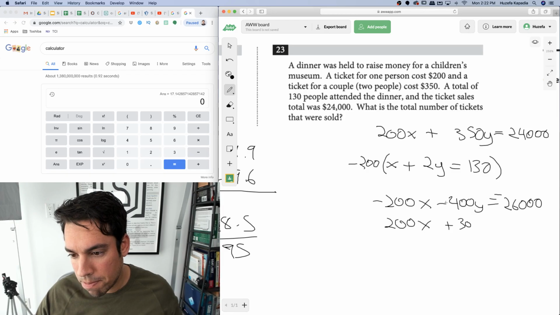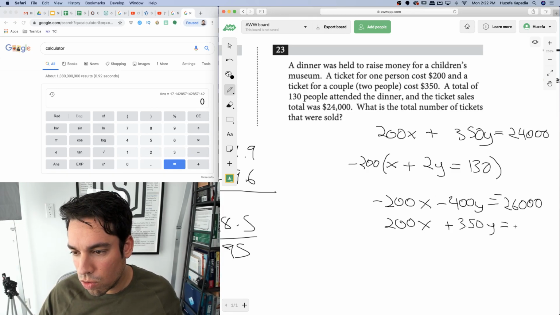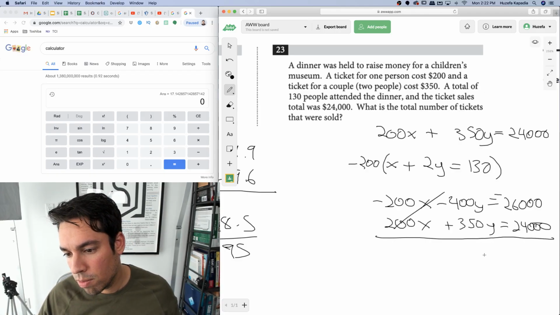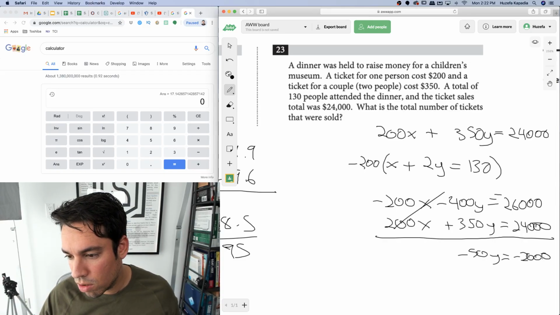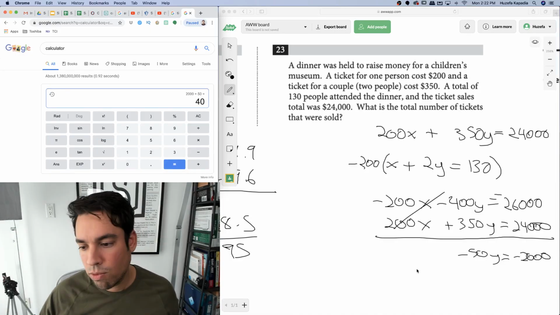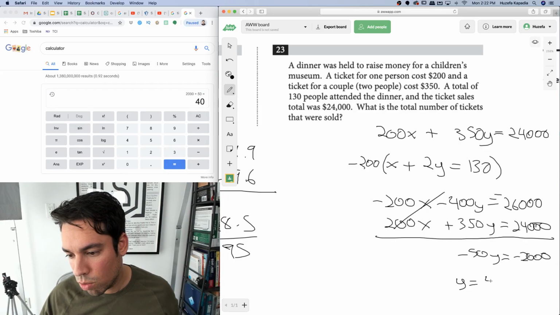Good thing I checked it, right? 350y equals 24,000. Okay, much better. Boom, that becomes negative 50y equals negative 2,000. Then 2,000 divided by 50 equals 40. So y equals positive 40.